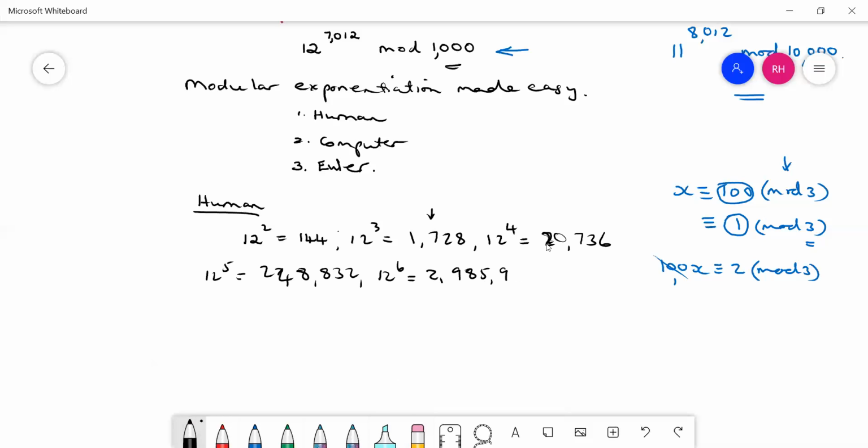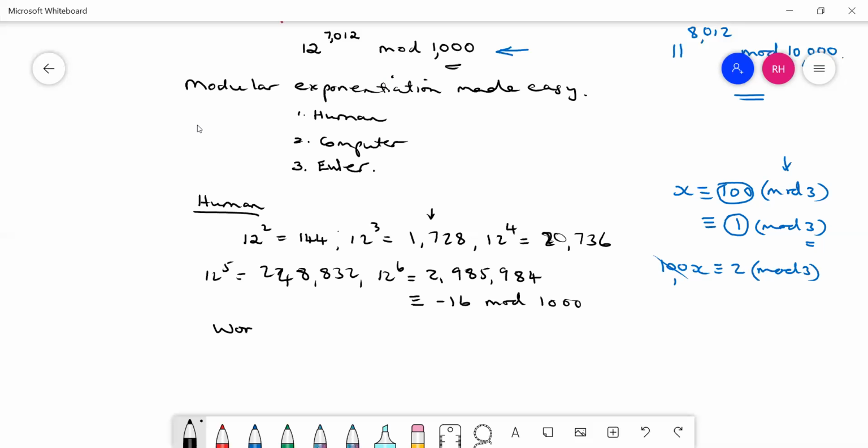Now, this is not ideal, but this 984 is getting very close to 1,000. In fact, 984 is negative 16, so that is equivalent to negative 16 modulo 1,000. So I can now use this.